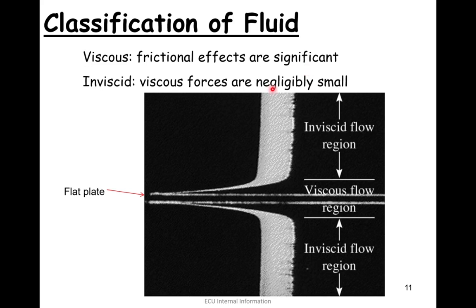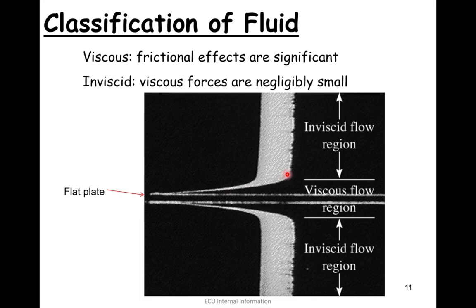For example, looking at this plate, which is moving, the flow comes in uniform, then reaching this surface the boundary layer forms, and up to here is called the boundary layer, as we said, because it is affected by the flow over this surface. After that the velocities are all uniform. This lower part is called viscous flow, because it is affected by the surface and frictional effects are significant.